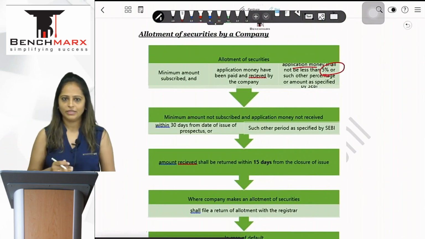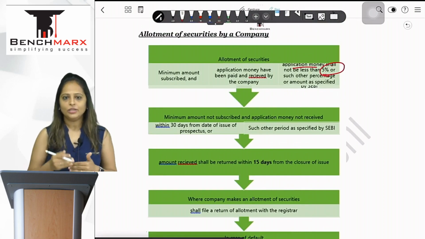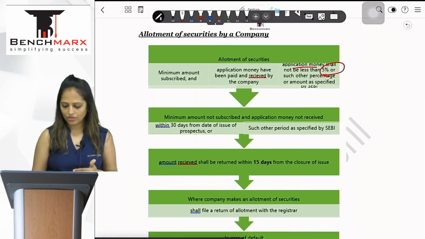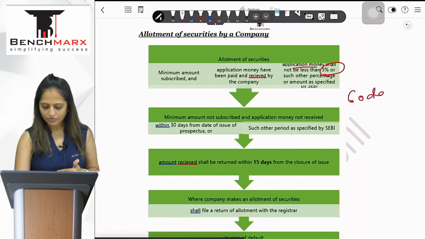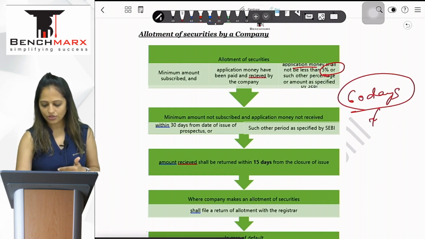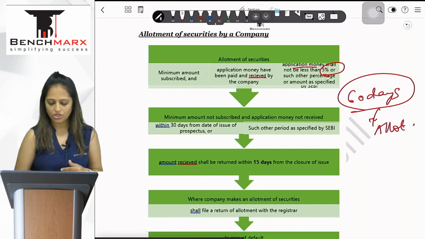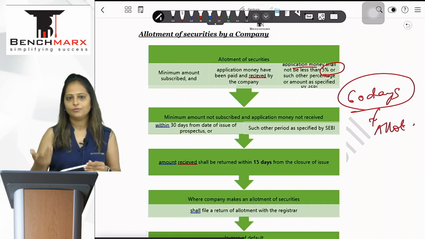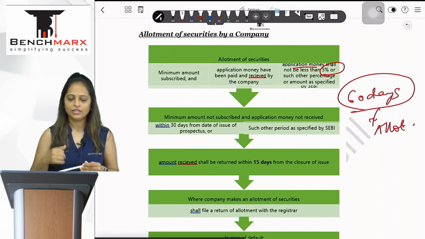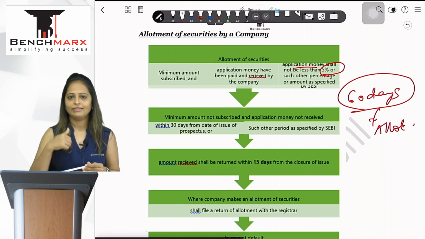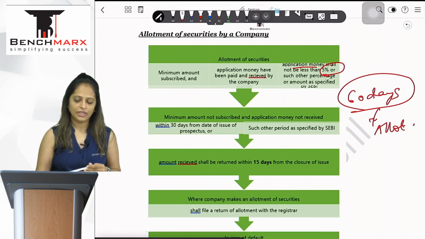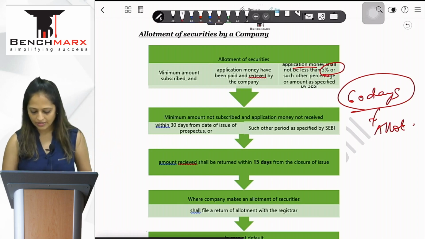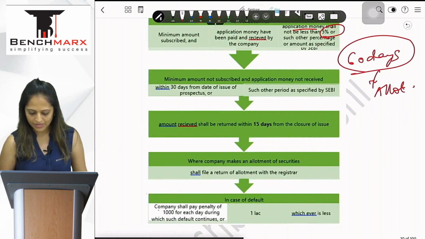Once you get the money, if you've received all the money, then within 60 days you have to allot the shares. If you do not allot the shares, then you will have to refund the money to the general public at large from whom you have taken the money, and that refund has to be done within a period of 15 days. If you do not refund it within 15 days, then of course you have to pay interest at around 12% per annum.